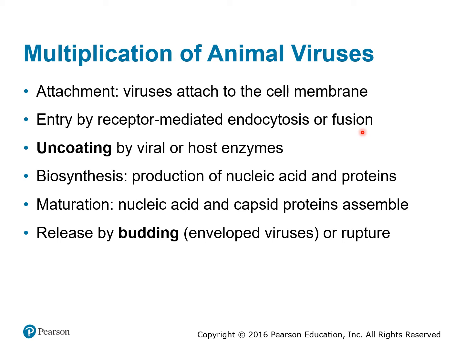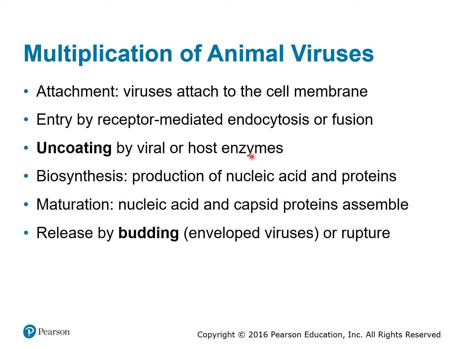And so therefore, because the capsid enters into the host cell, it has to go through a process known as the uncoating process, because the capsid must break open so that the viral DNA can get released inside of the host. In this uncoating process, the virus could use either its own viral enzymes or the host enzymes to help.